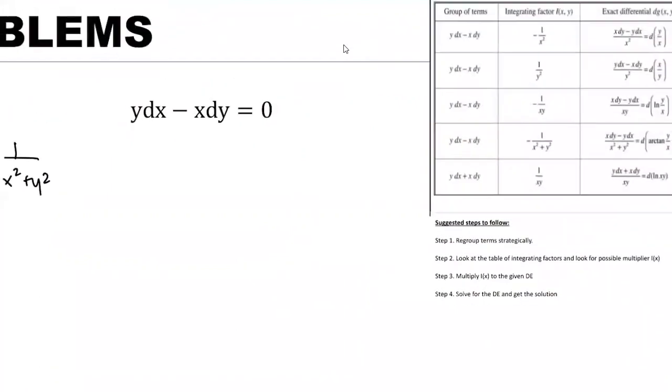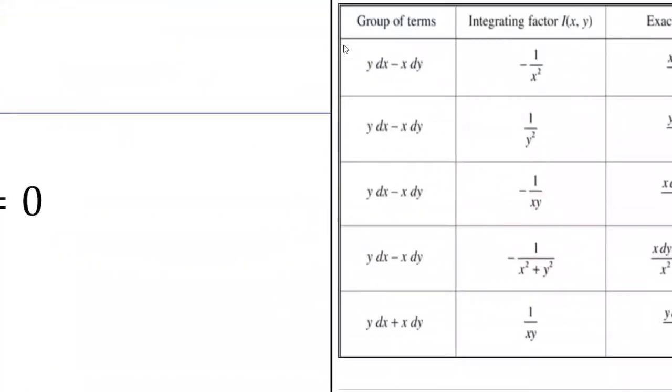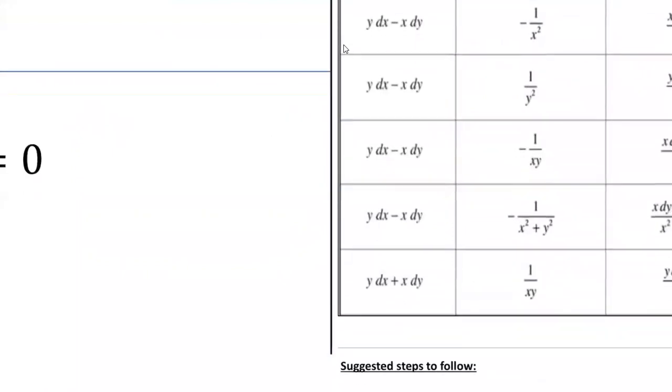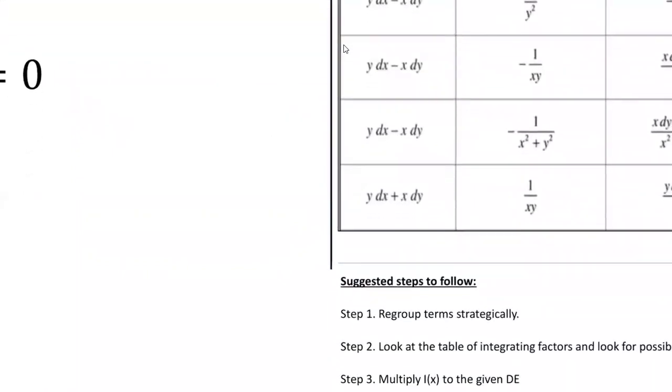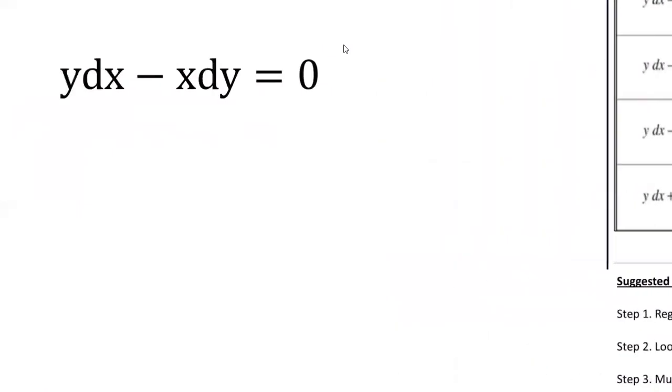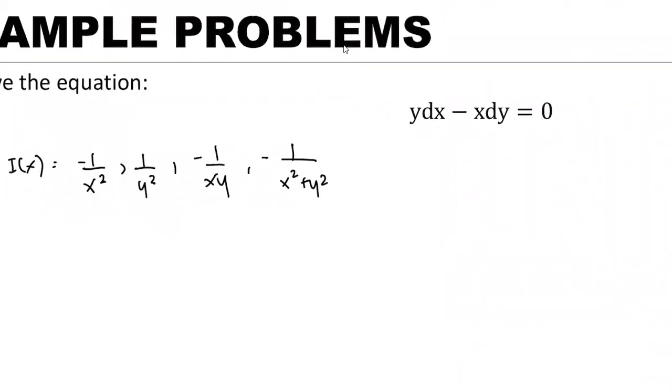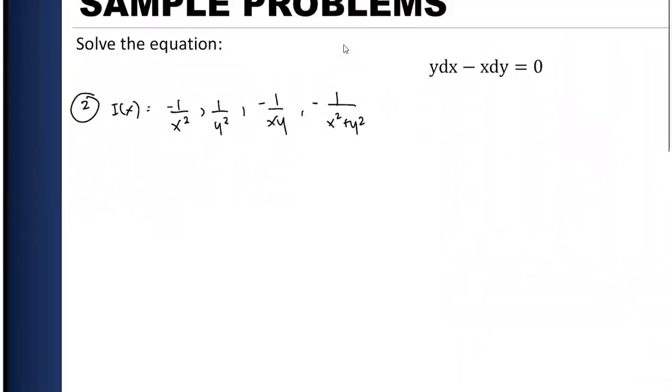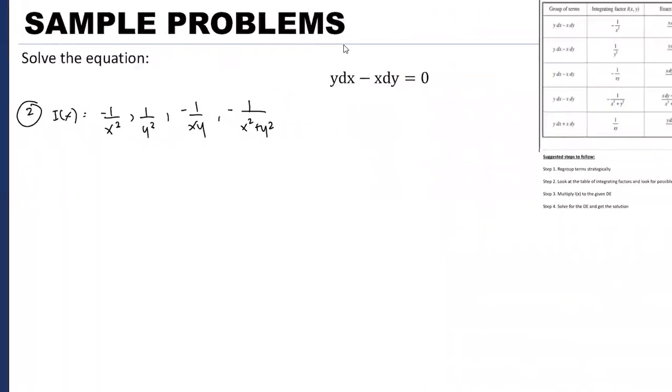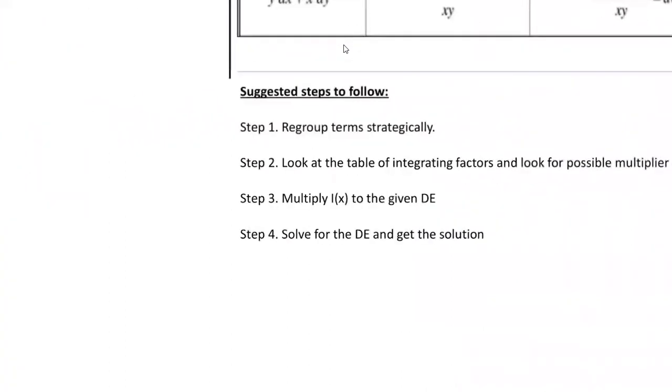Okay, so let's check if it's the same. Negative 1 over x squared, 1 over y squared, negative 1 over xy, and negative 1 over x squared plus y squared. Okay, yeah. So yan daw yung mga possible integrating factors natin. So once you have that, proceed to number 3. Multiply the integrating factor to the differential equation.